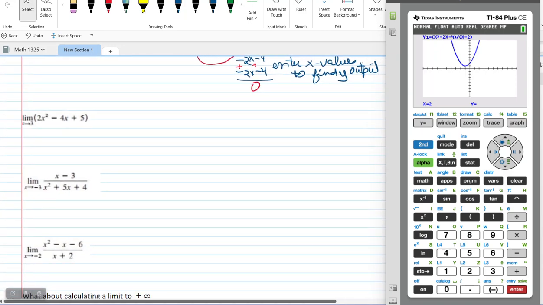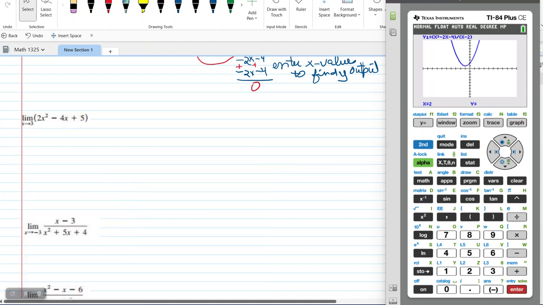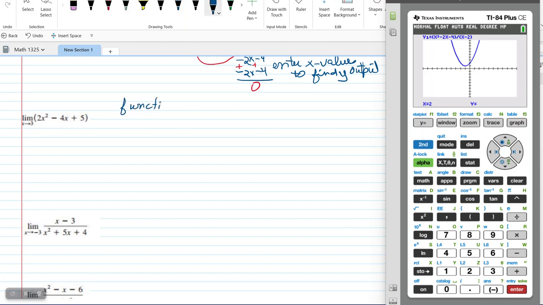So let's look at another one. And we'll discuss a little bit about what we are doing. The function f of x is a polynomial. Okay, because it's a polynomial, it is continuous, or domain of x.